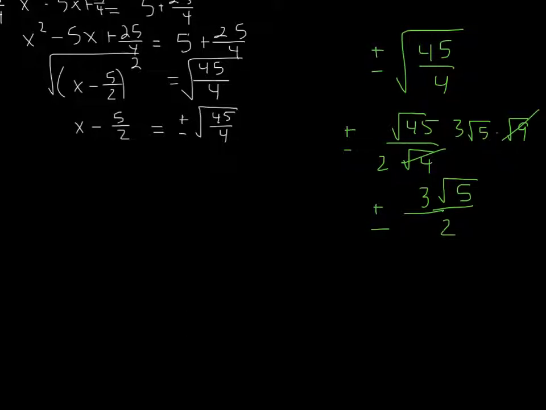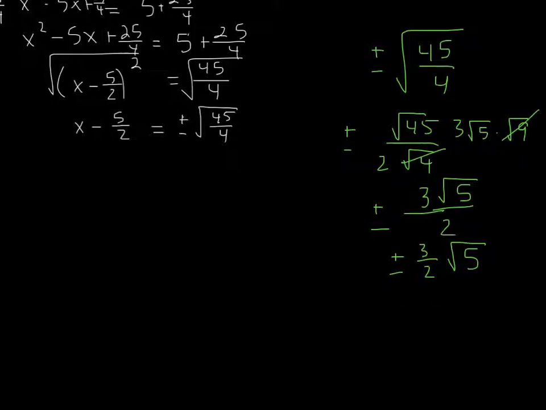Now we're just going to take that 3 over 2 and put it over to the side here. So plus or minus 3 over 2 and then all times root 5. Hopefully you remember how to do all that stuff. If you don't, you're going to need a little refresher in how to simplify radicals. So we go back over here now.